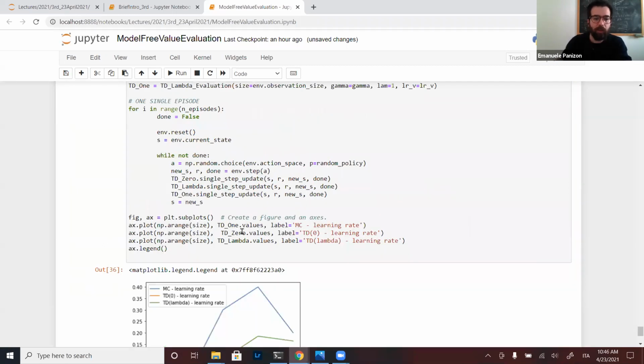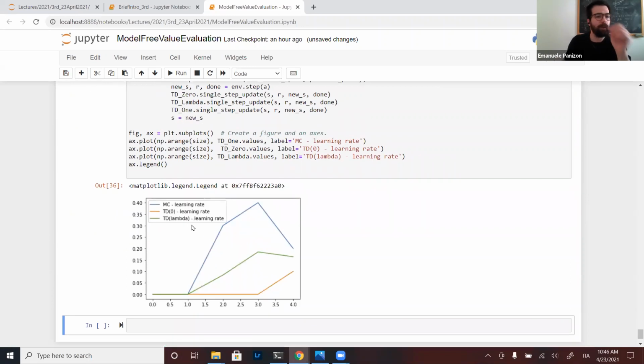Apologize for this. Okay. Now we see the 3 curves.